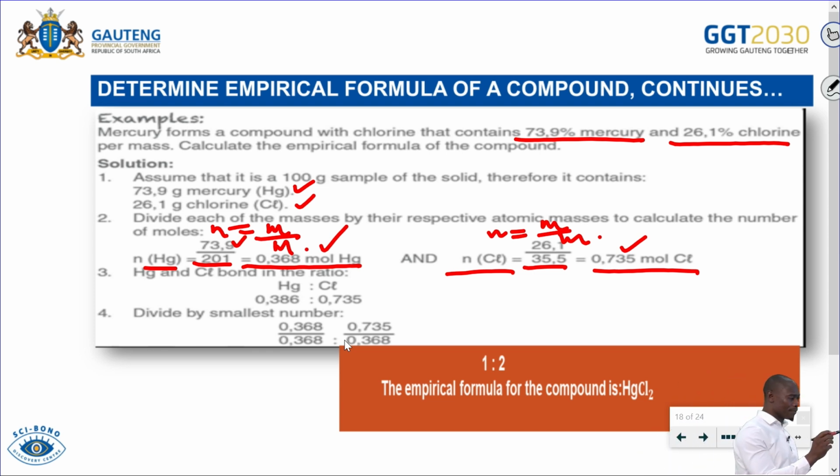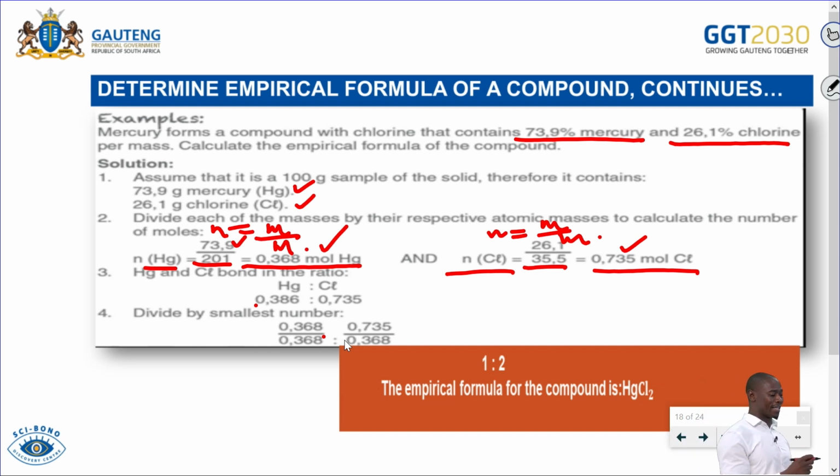So hence here for mercury, the number of moles of mercury is 0.368, and we are dividing by 0.368, because the number of moles of mercury are the smallest compared to the number of moles of chlorine, right? So we have 0.368 divided by 0.368, then 0.735, that is the number of moles of chlorine, divided by the smallest number of moles, which is the number of moles of mercury, which is 0.368, right?